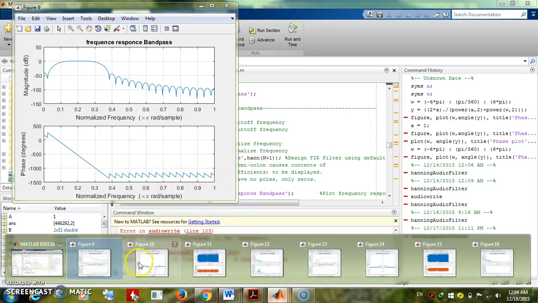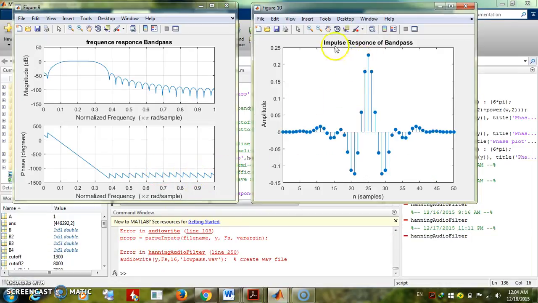So let's proceed to the second graph, which is the impulse response of the bandpass filter. For the positive value of the graph, it will go towards positive amplitude, and for the negative value, it will show negative amplitude in this graph.